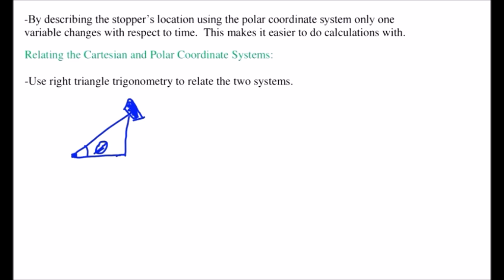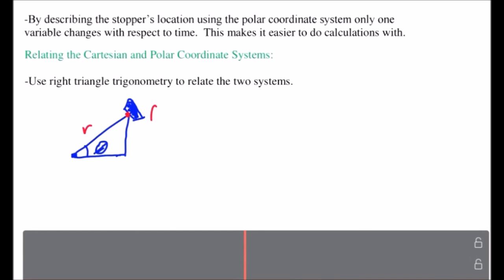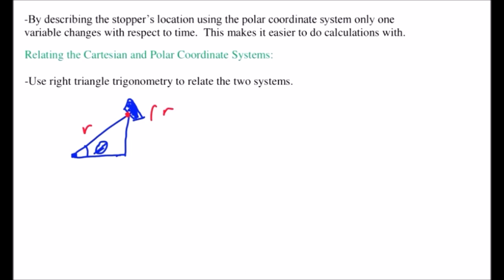And we know that from the origin point out to where the stopper is, that qualifies as the radius of the circle. Everybody okay with that? Which means that on the polar coordinate system, our ordered pairs are going to be r and theta instead of x and y.